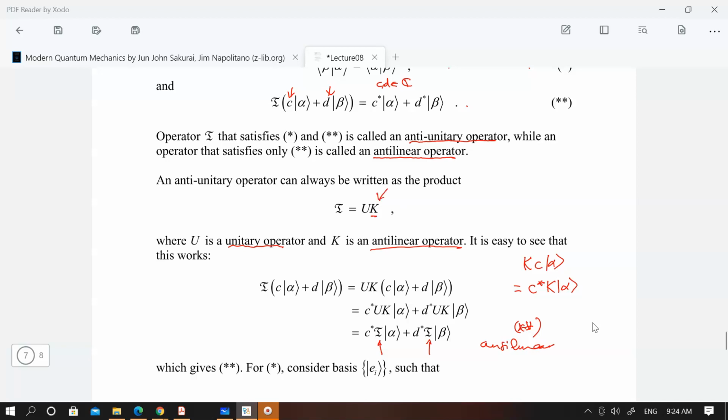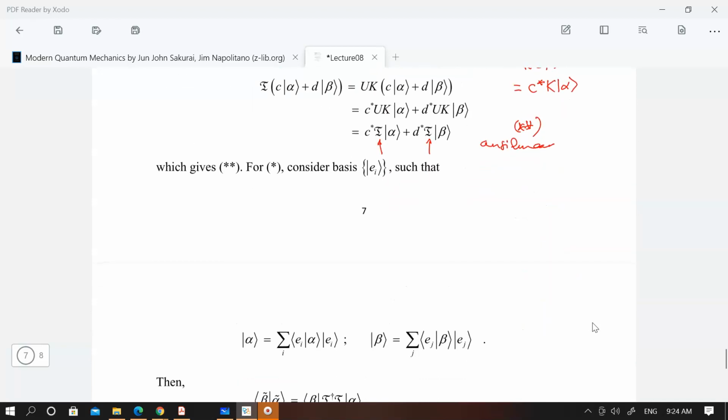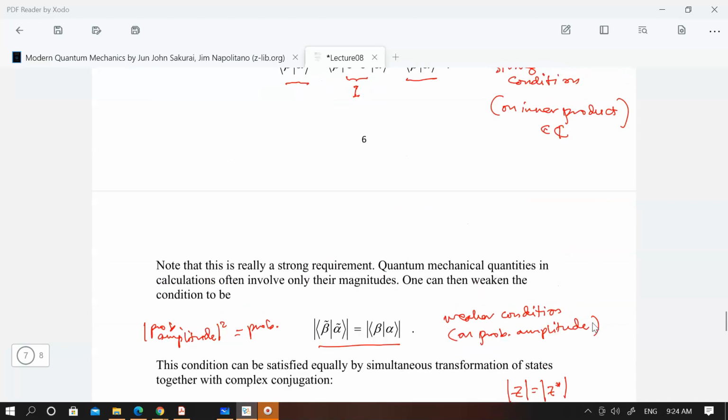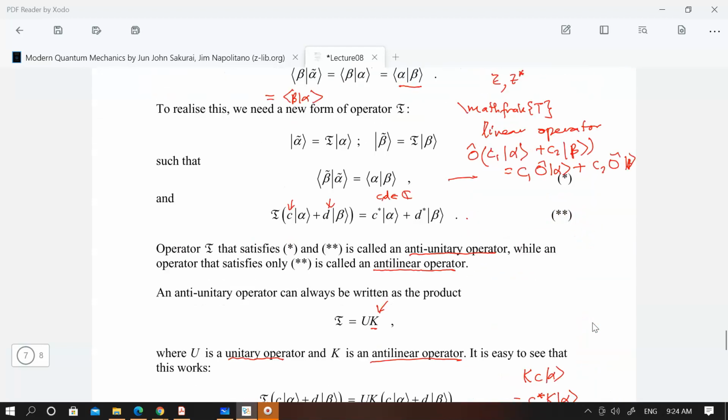But we still need to have the first property, which is coming from equation star, which is this one. So we need to show that as well.